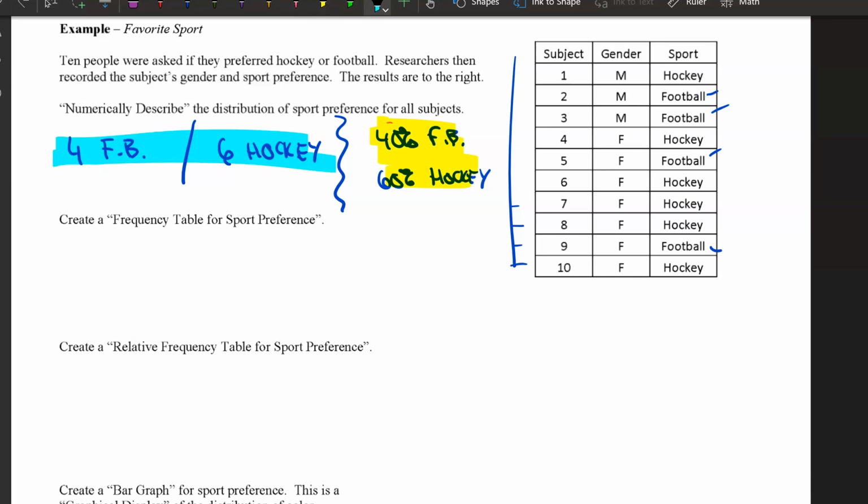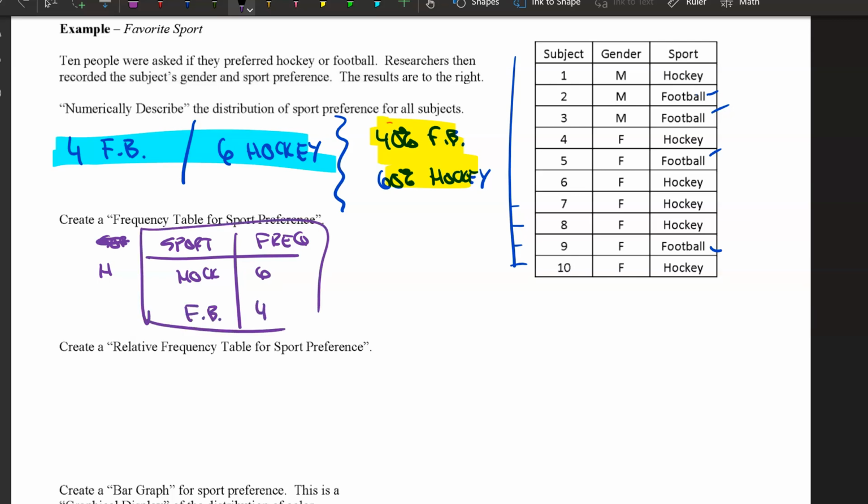Okay, easy. It's much harder to describe distributions of numerical. It's a little harder to summarize. Create a frequency table. Well, that's kind of a ridiculous question. So we got our sport, and we have our frequencies. Sports were hockey, and there were 6, and football, and there were 4.